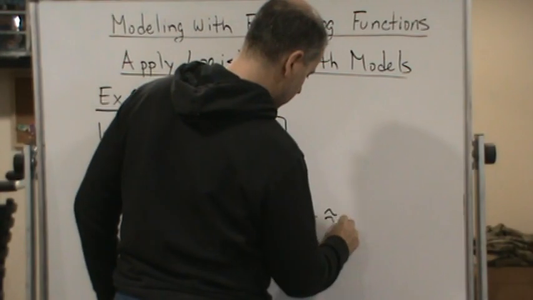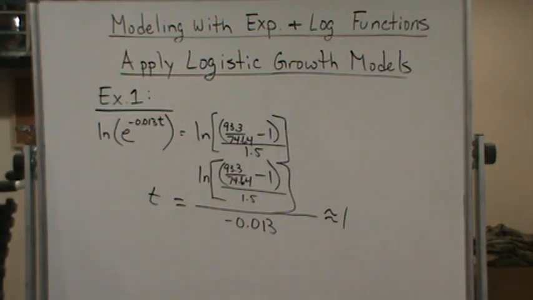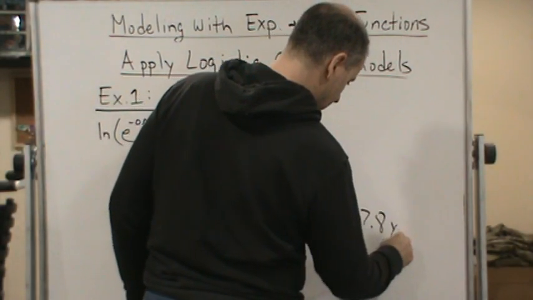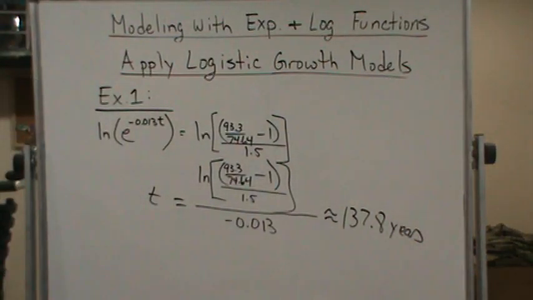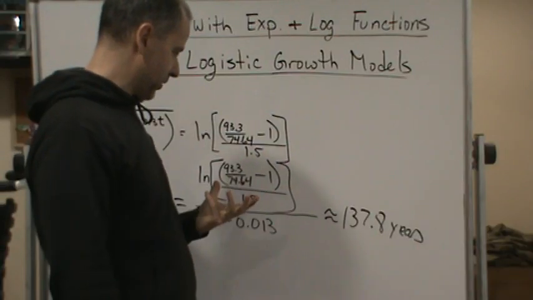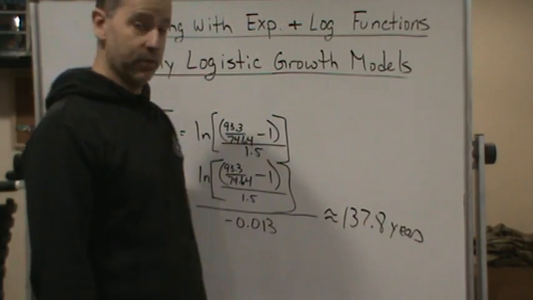So I get approximately 137.8 years. Okay, I think that's what they asked. They said determine the time required. Now they didn't ask us for a year, they just asked for the time required for the population to double. So this is going to be approximately 138 years.